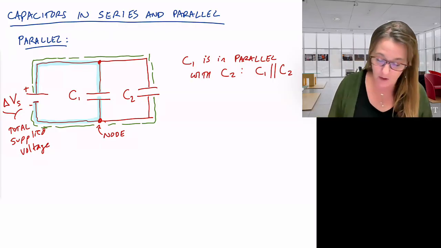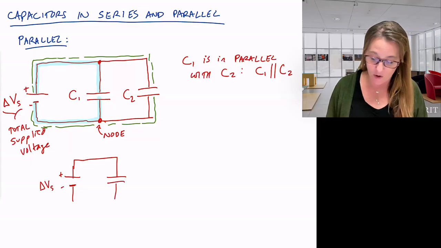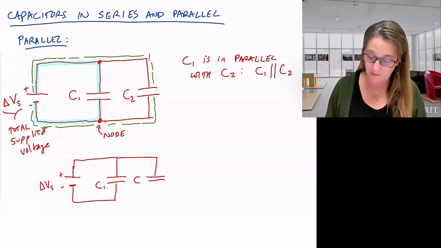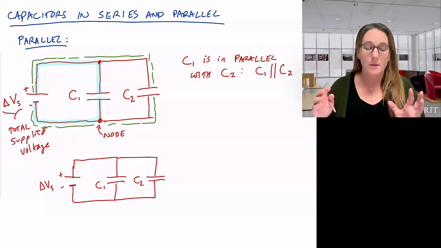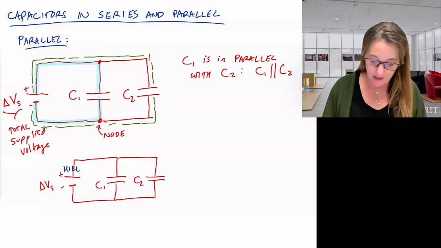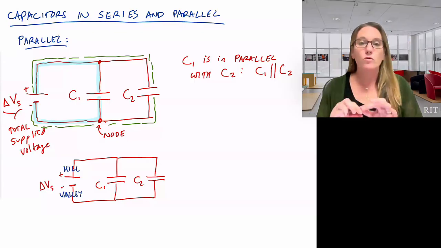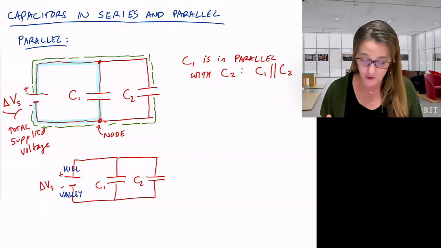So if we have this parallel combination, and I'm going to redraw it so that I don't draw too much on just one diagram here, we are going to then have our C1 and we'll have C2. We want to remember what we know about potential. So remember, potential is making a hill, right? So this is a hill, and this is our valley, right? So we can then remember that it's creating a voltage drop, but it's creating a voltage drop across our circuit elements.